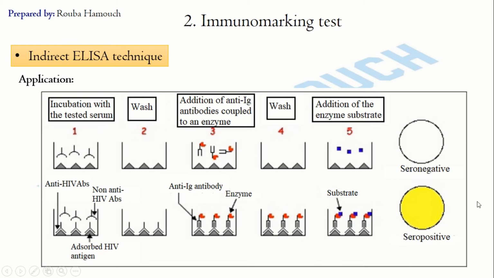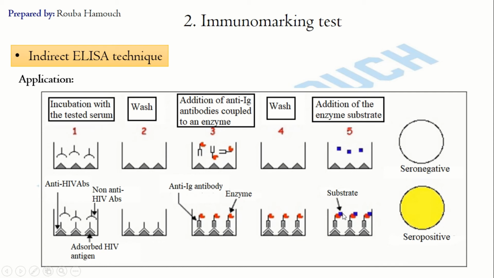However, in the second case, if the serum contains anti-HIV antibodies, they bind to the coated antigen, to the adsorbed antigen. They are not eliminated after wash. So the secondary anti-Ig antibody binds to the constant region of anti-HIV antibodies. They are not eliminated by wash.